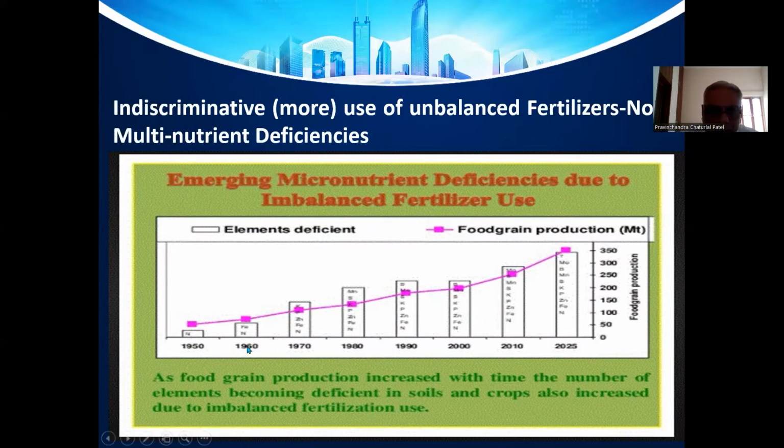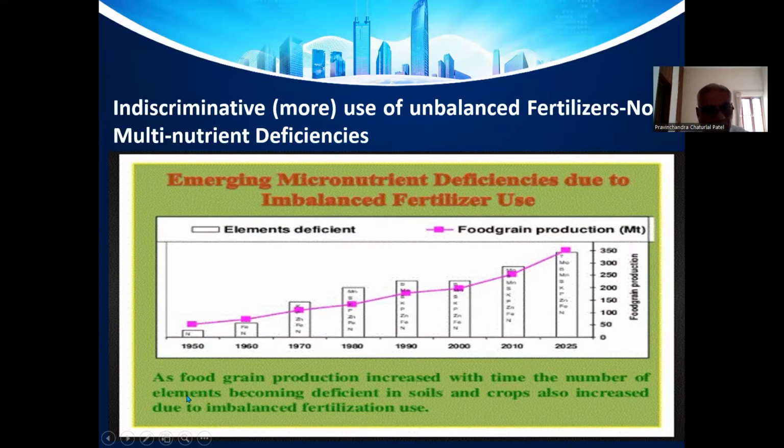After 10, 20, 30, 40, 50 years, you see here in 2000, the deficiency of nitrogen, iron, zinc, then sulfur is increasing. And in 2020 and 2025, there will be deficiency of nitrogen, iron, zinc, sulfur, manganese, boron, molybdenum, and so on.